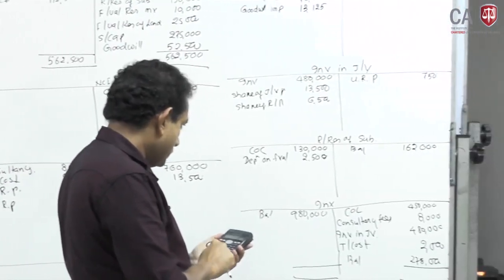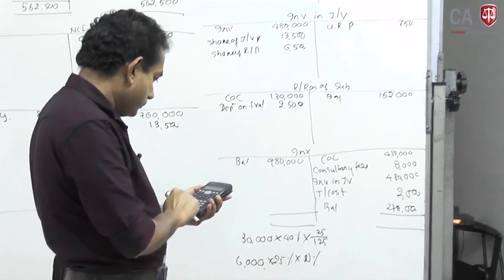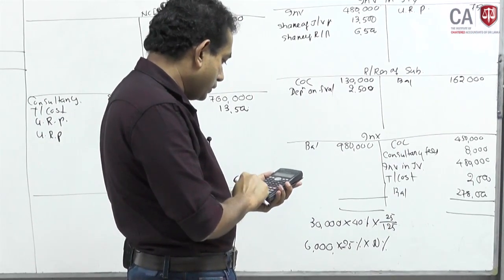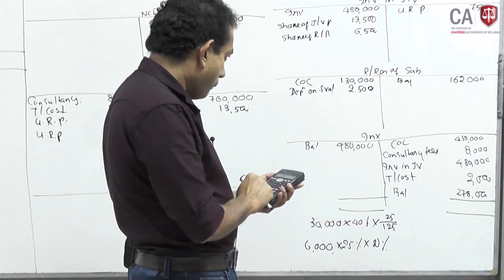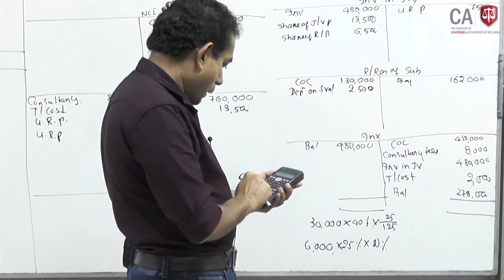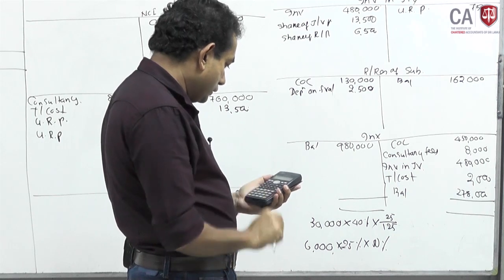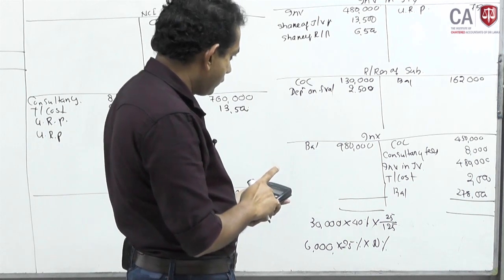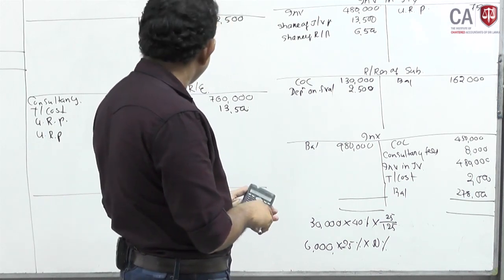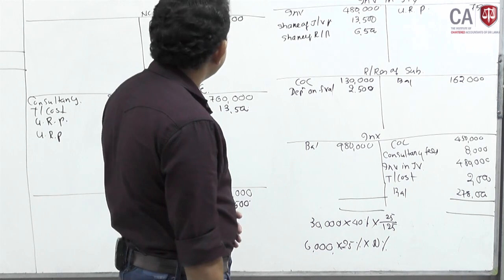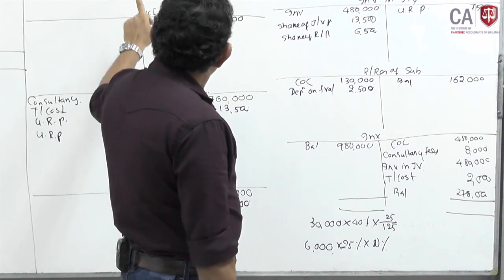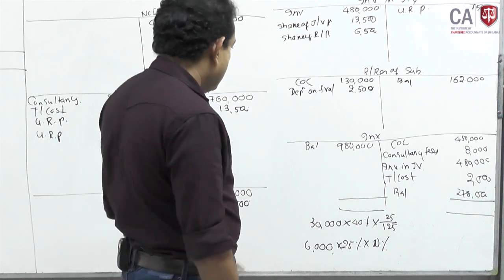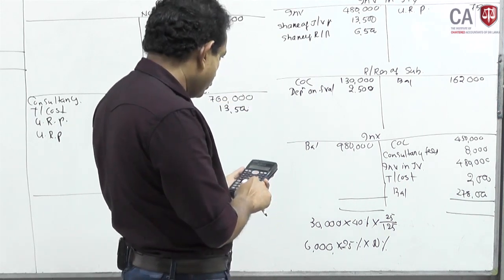980 minus 450 minus 8,000 minus 480,000 minus 2,000 minus 278,000. 450 was taken off, investment in joint ventures was taken off, consultancy, everything was taken off.